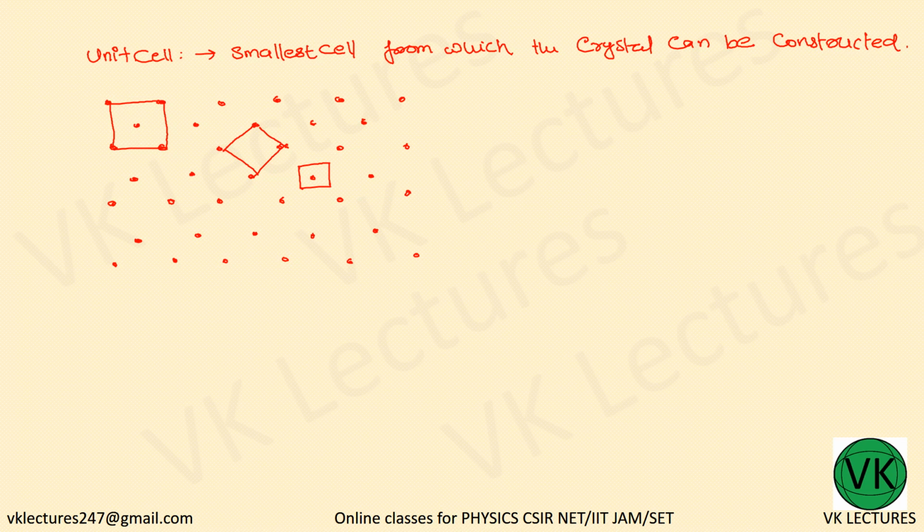Now this unit cell has 4 corner atoms and one atom in the center, so it has more than one atom in the cell. So this is an example of a unit cell with more than one atom, and this one is an example of a unit cell with one atom, and this is called a primitive unit cell.